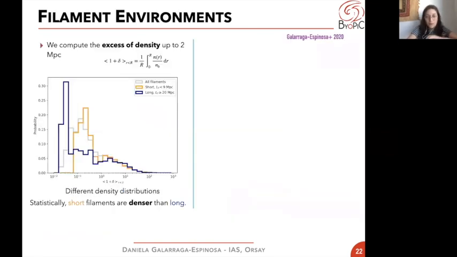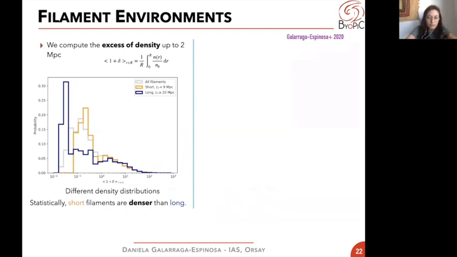To do so, we first computed the excess of density. It's basically the density profile of the filaments, integrated up to a certain radial scale. We decided to integrate up to 2 megaparsec. And this is the distribution of excess of density that we get.